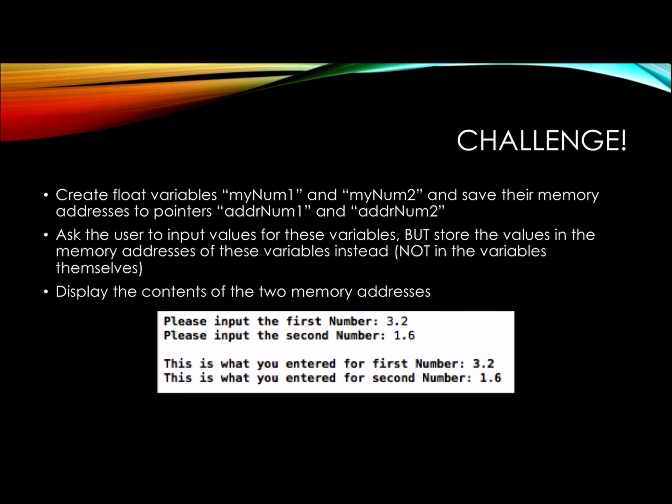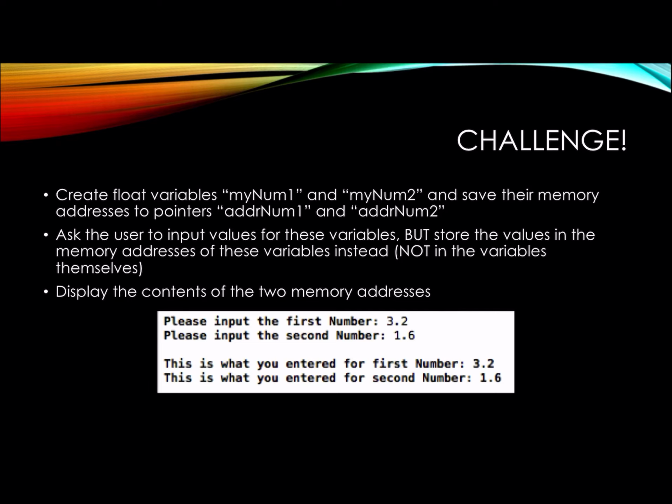So basically my challenge is, number one, you have to create float variables and name them mynum1 and mynum2, and you have to save their memory addresses to pointers addrnum1 and addrnum2.